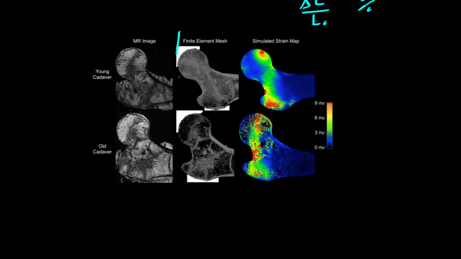Then when this computational model of the microstructure is subjected to force, such as the force you experience when you're standing and your body weight is going through the head of your femur, we can see that in this young cadaver the distribution of strain is not so bad as in the old cadaver. You've got all of this strain in here, whereas in the young one it's just these isolated little areas here and here.